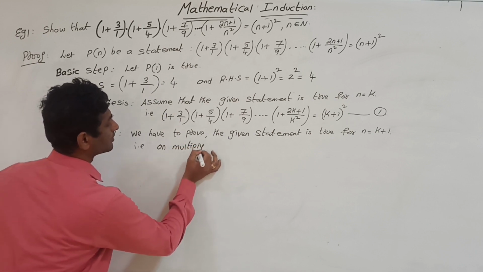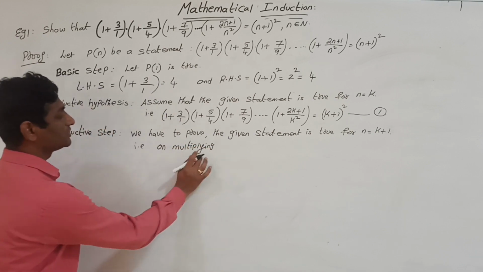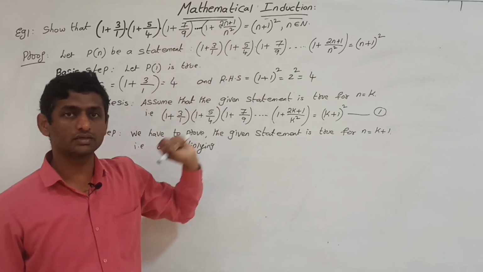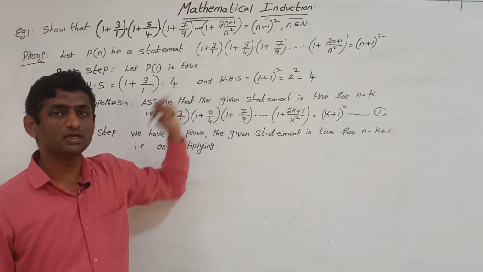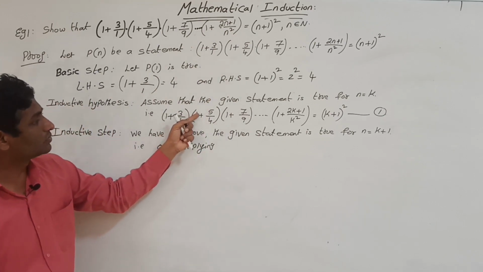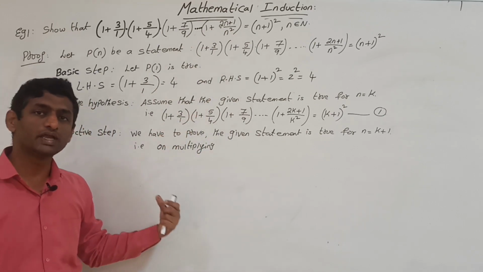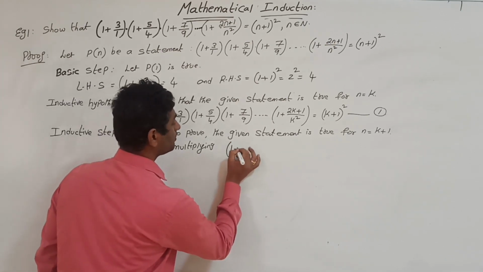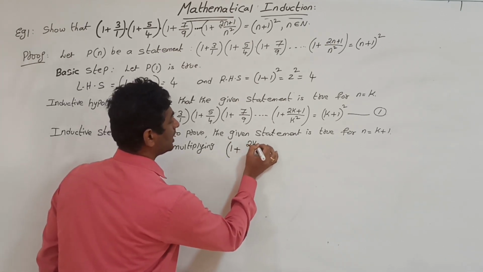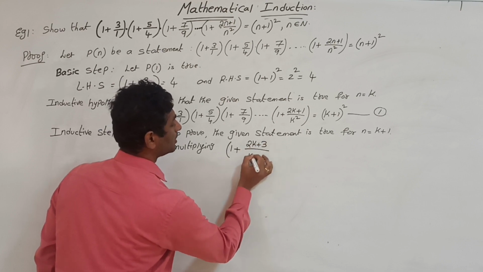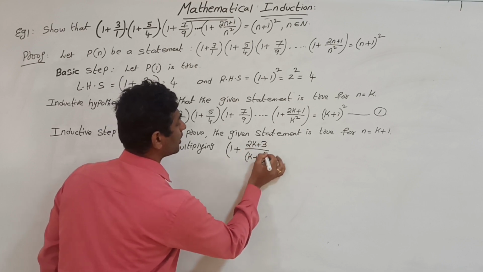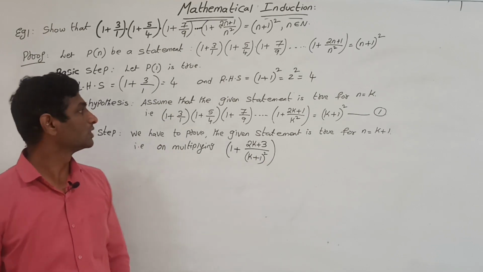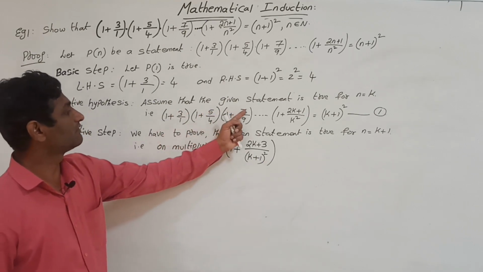Multiplying, why am I going for multiplication? Because the given statement is the product of n terms. So in order to get the product of k plus 1 terms, we have to multiply. On multiplying, 1 plus 2k plus 3 by k plus 1 whole square, because this is the k plus 1th term. 3, 5, 7.